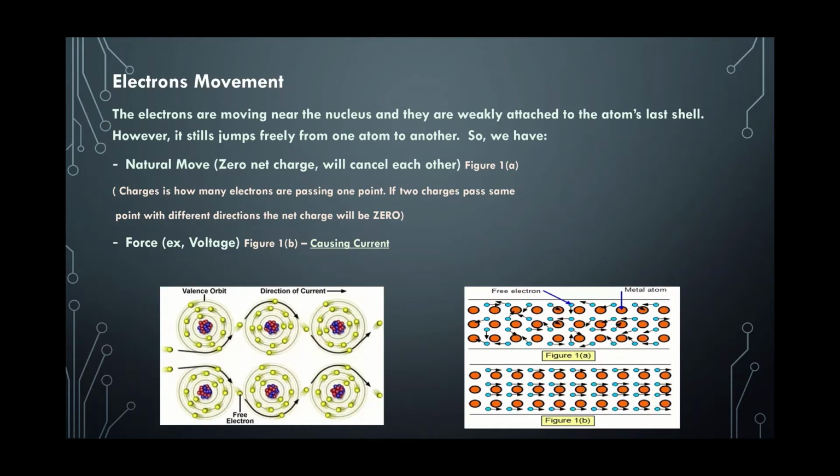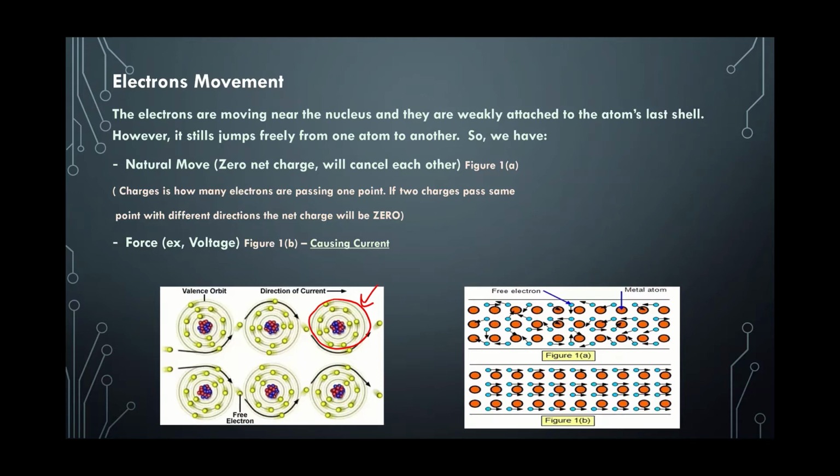Now, the electron movement. As I explained, the electrons are moving around the nucleus, and they are weakly attached to the atom's last shell only. This shell, for example, the last one. However, usually it can jump freely from one atom to another.